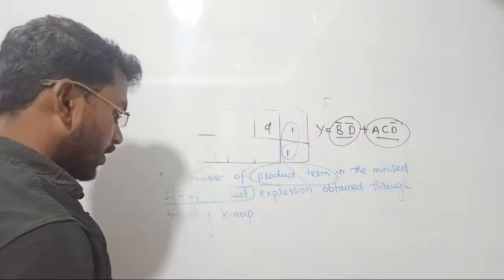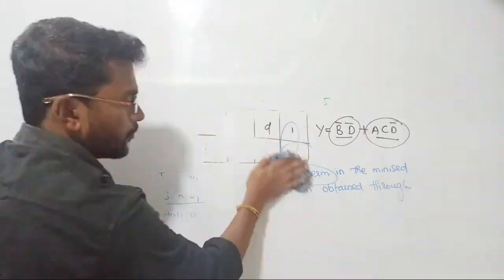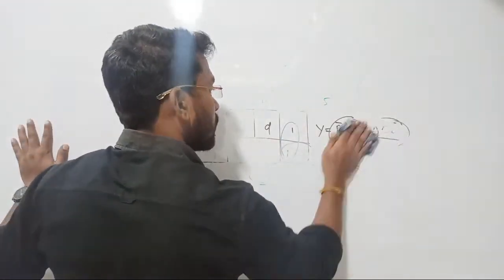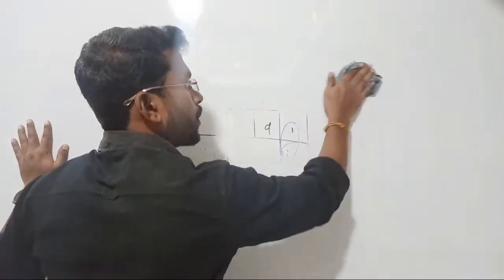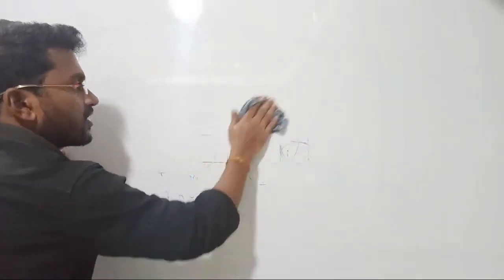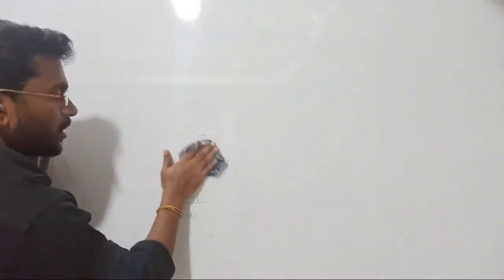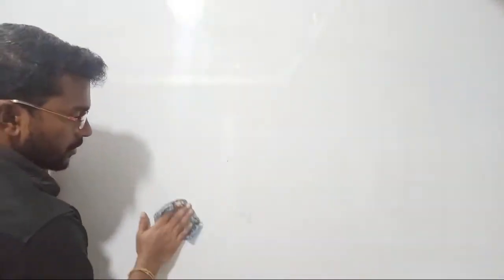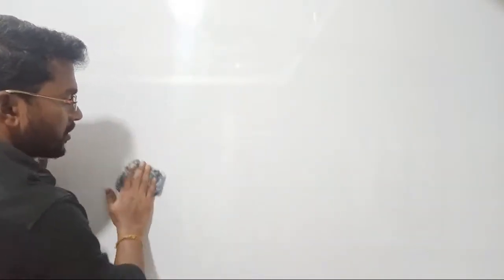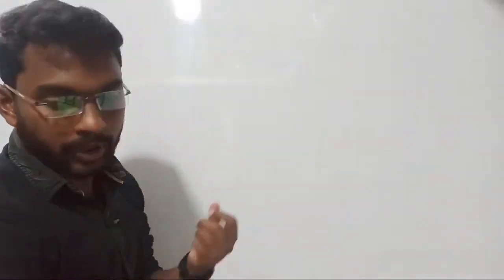Now here I would like to consider a few more things in K-map. That is, we should talk about prime implicant and essential prime implicant.